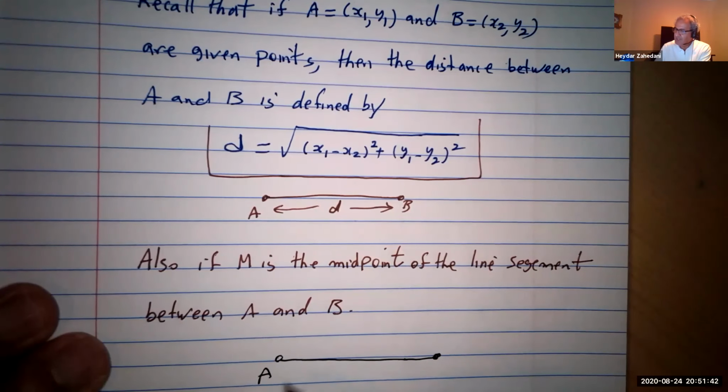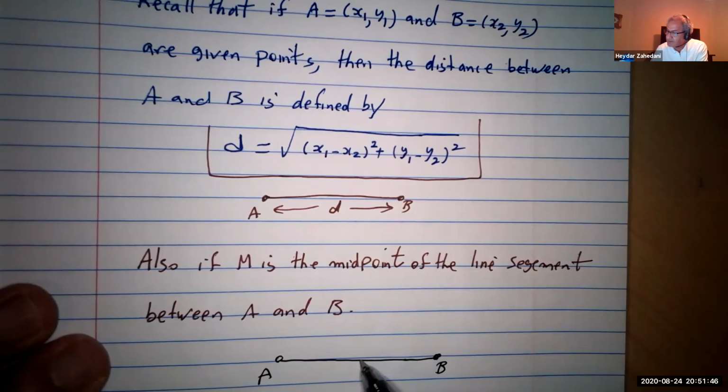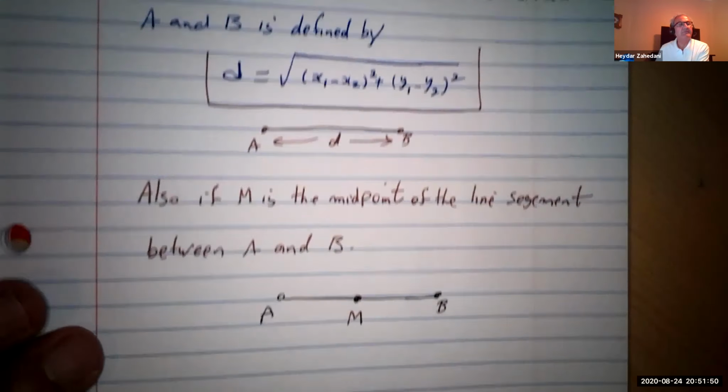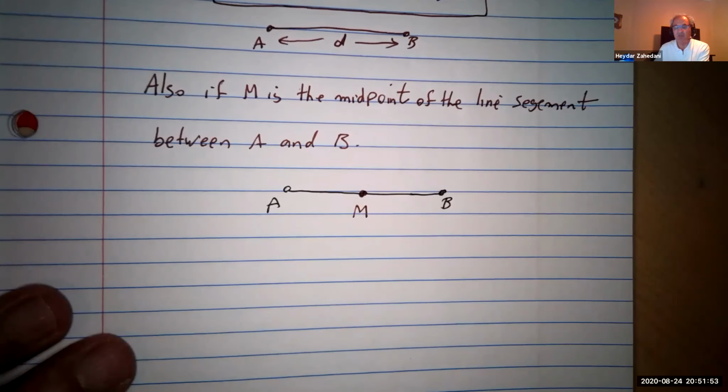So we have A, we have B, and this is the point in the middle. That's the midpoint. We are interested in the coordinates of this point.